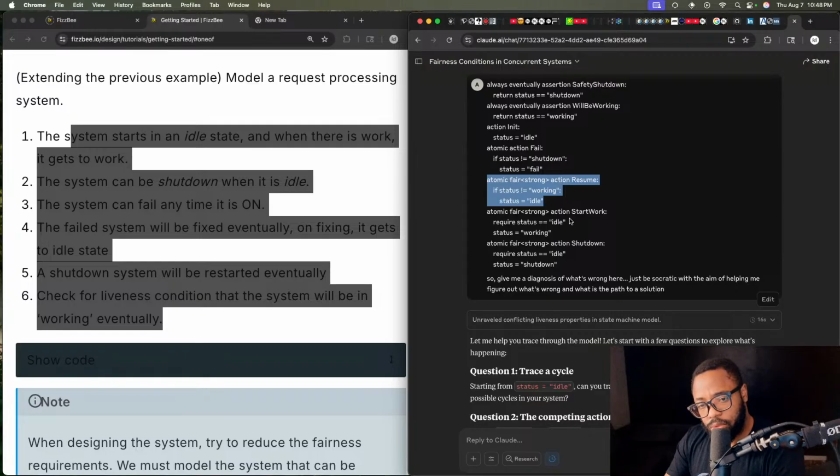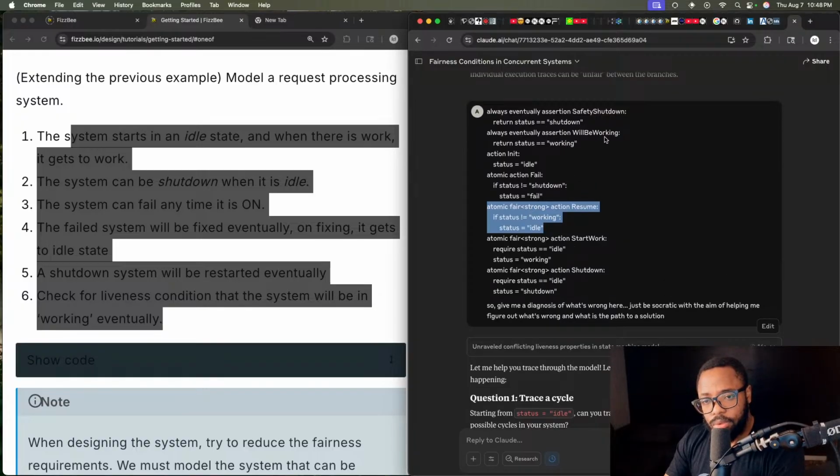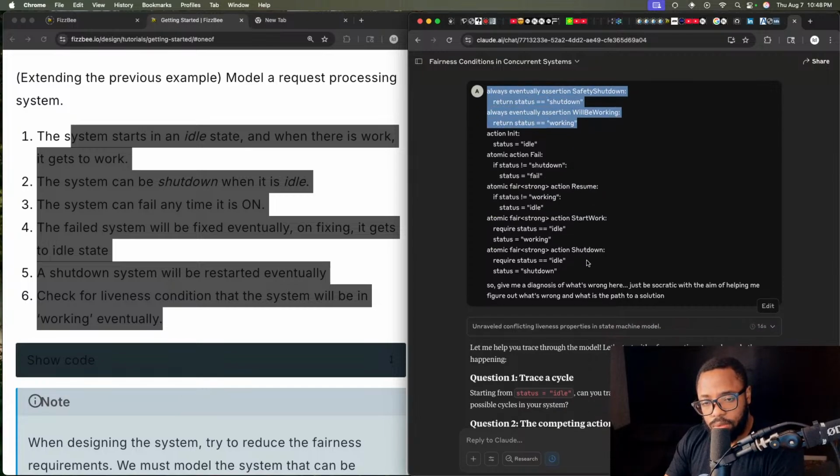By question number 2, you can restart the same cycle. You can go back to idle and just do exactly what you just did the first time, and one of these will not be satisfied, because you can literally just pick.